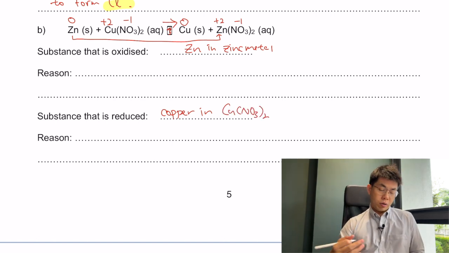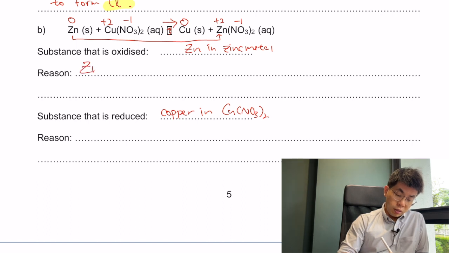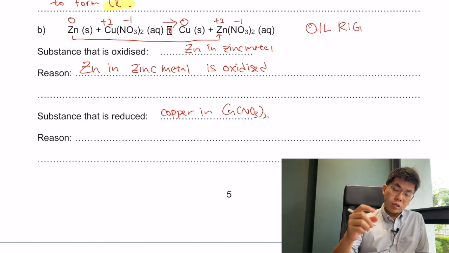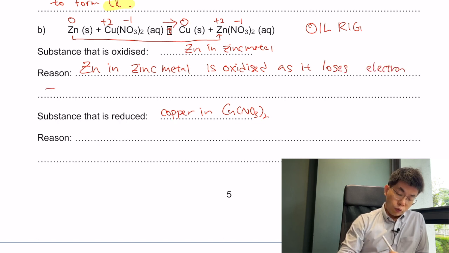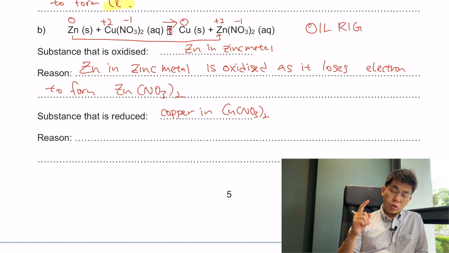So how do I phrase this answer? Maybe you want to try first, pause the video and then play it again. Okay, so let's try the answer. Zinc in zinc metal, we have already determined using oxidation state that it's oxidized. I know OIL RIG, oxidation is loss, so it's oxidized as it loses electrons to form the product, Zn(NO3)2.